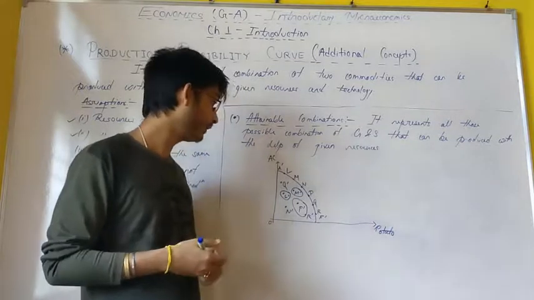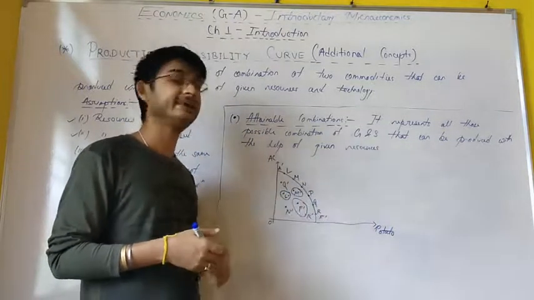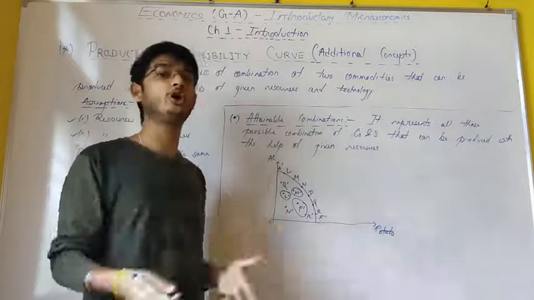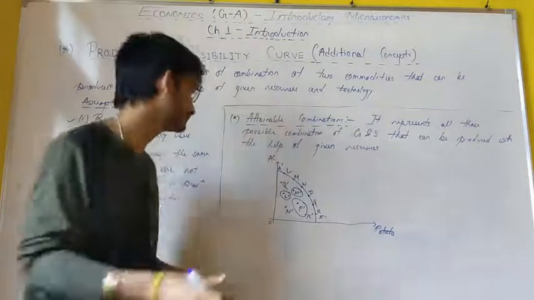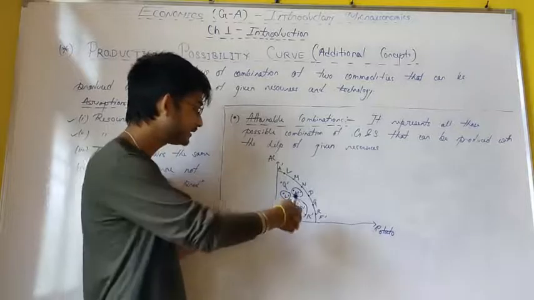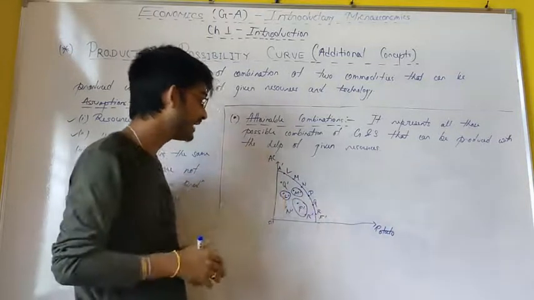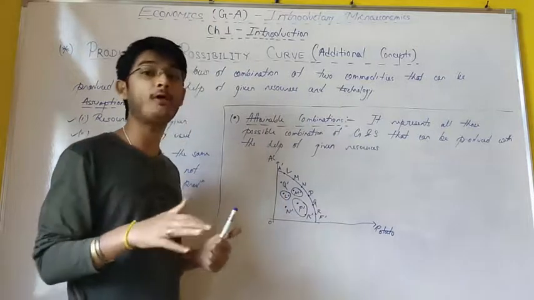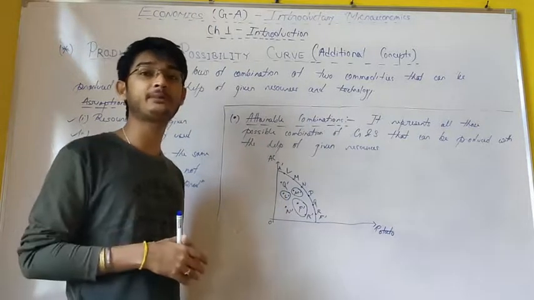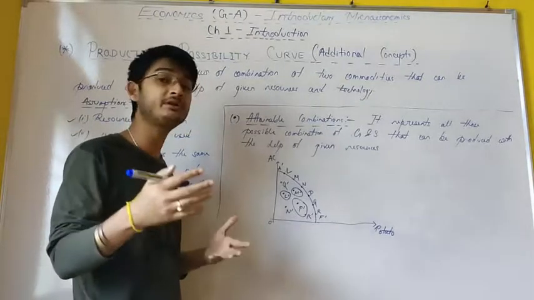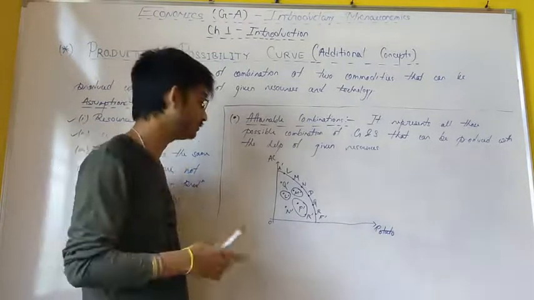So at that point we will be producing inside the PPC because of the simple fact that resources are not getting utilized. So any combination which is inside the PPC is not showing any optimal combination. Optimal combination, by this I mean all those combinations where resources are fully utilized.